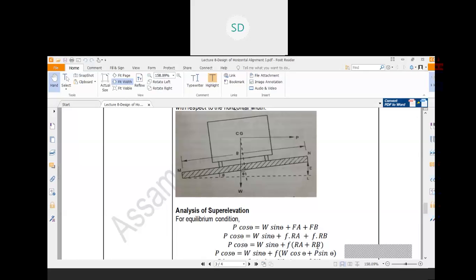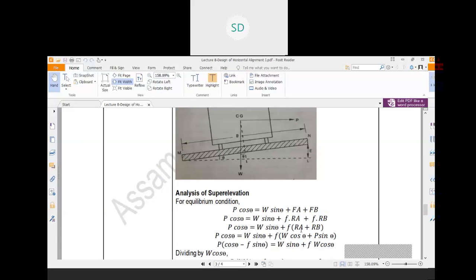Now another thing you have to notice: Ra plus Rb is the total reaction force, which would be equivalent to the total downward force acting there. In the previous case our Ra plus Rb was simply W because that force was vertical, but here it is inclined, so you need to consider all the components.